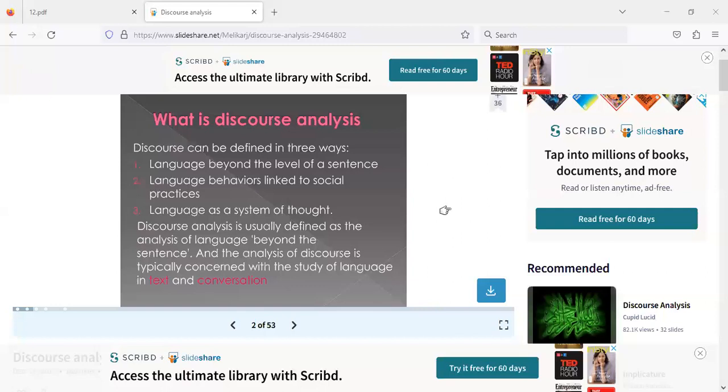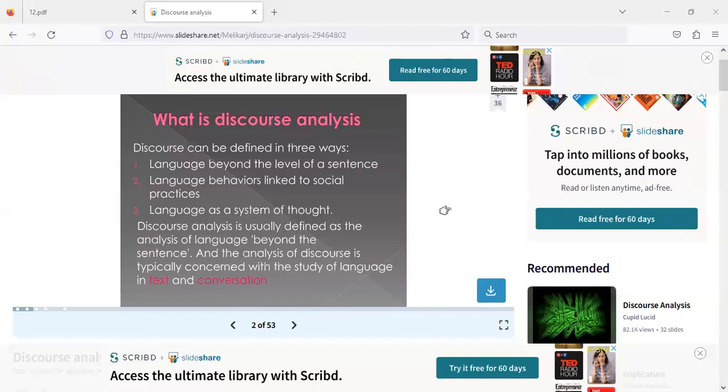So language as a system of thought. That is the definition given as the third one. You have to think first, and only then will you be able to produce an utterance, or a sentence if it is written form.